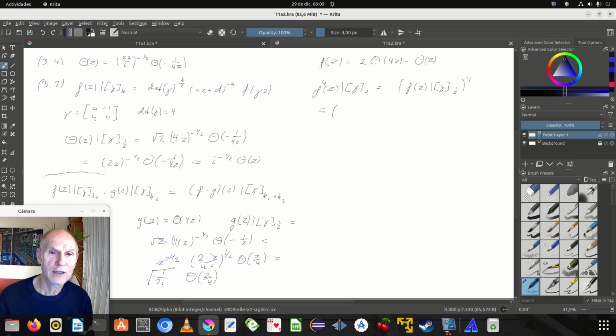And it's a factor 2 to it when we go up here, so it's the square root of 2 divided by I, theta of z fourth, minus theta of z to fourth.